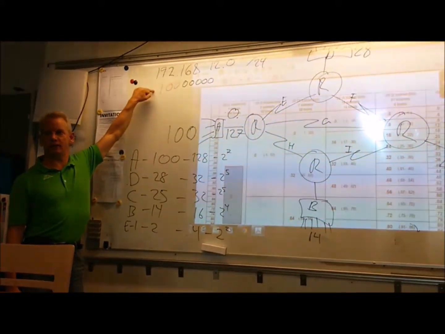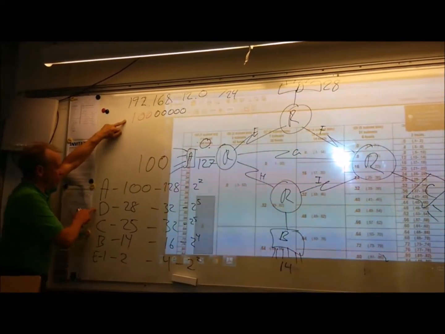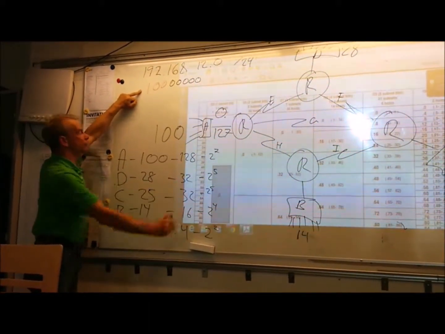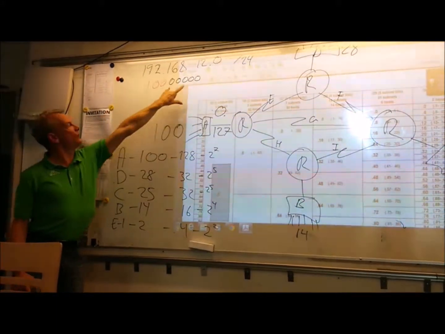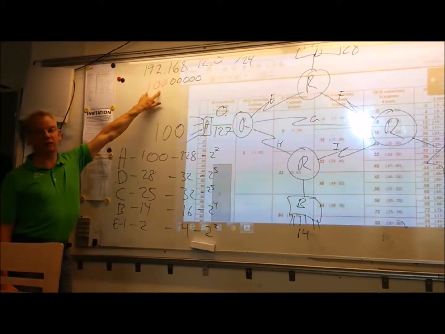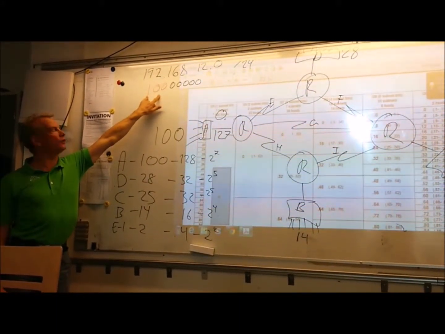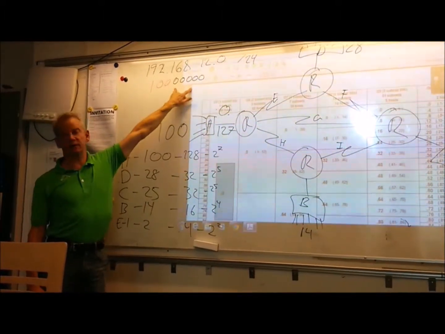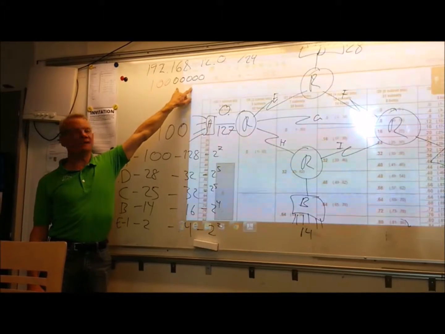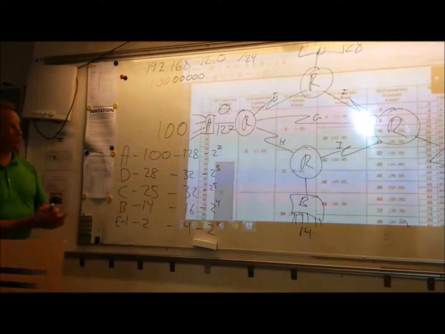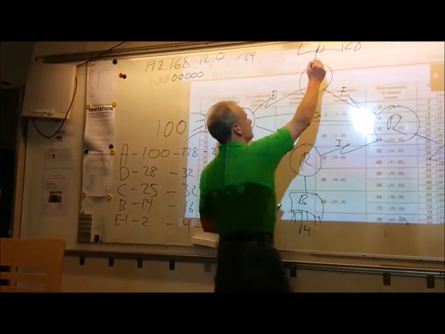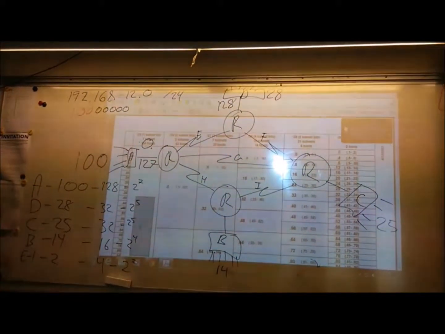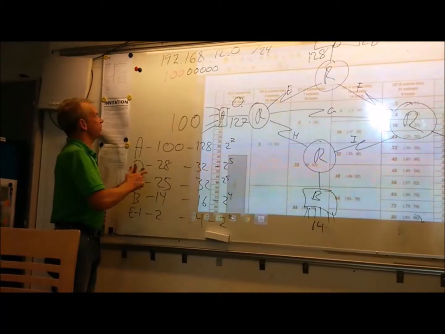Take that bit pattern. We found this network needs 32 addresses. That gives us 2 to the power of 5, which means 5 host bits, which means 3 subnet bits. 128 now is 3 subnet bits, 100, 5 host bits, 5 zeros. That is the starting address of the network, 128. Ending address is the broadcast address.